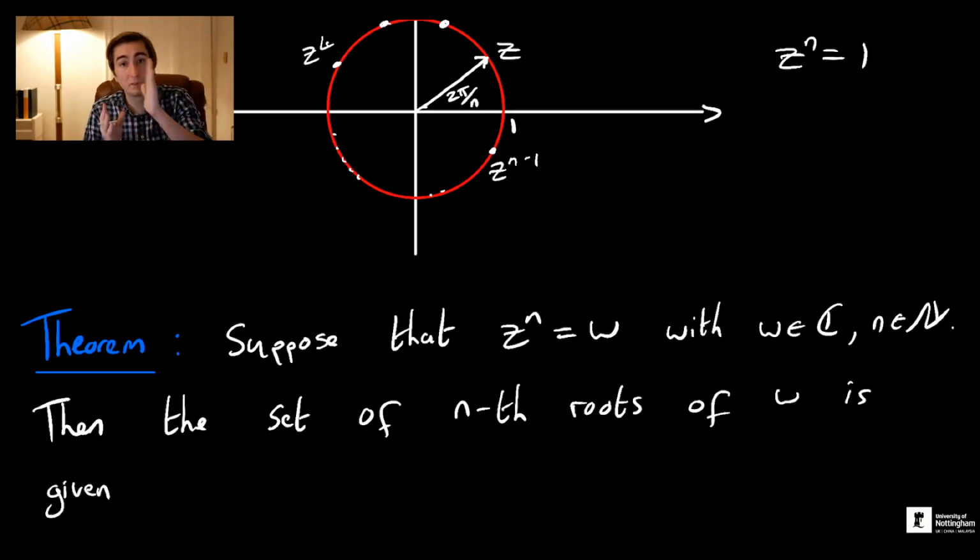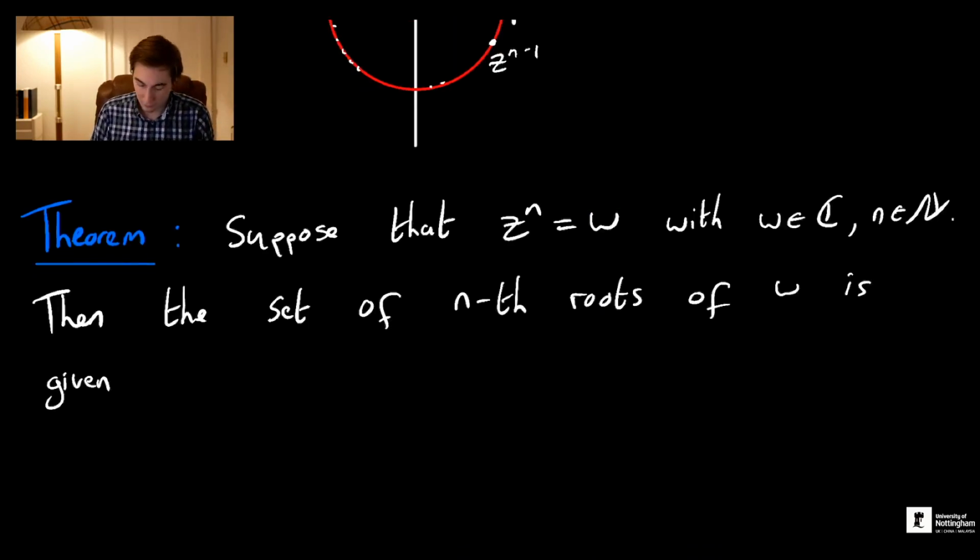Which is given by all those points around this circle that I've got, but now because I've taken that this is not a complex number that necessarily has modulus 1, it's going to be now a circle that has radius whatever the modulus of w is. So it kind of spreads around a circle of whatever the radius of modulus of w.